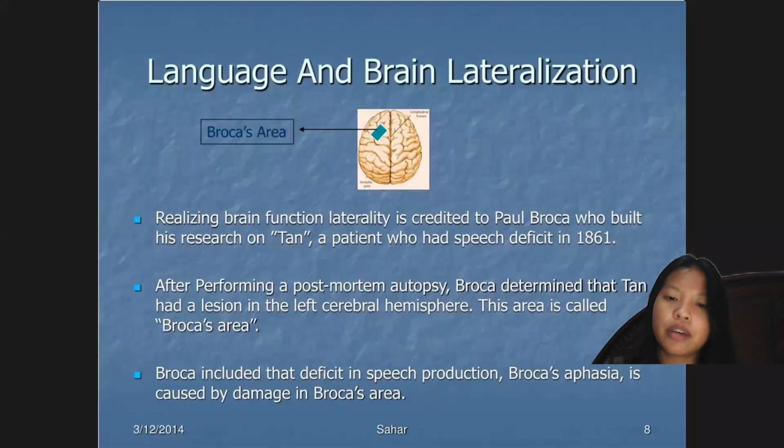After performing a post-mortem autopsy, Broca determined that Tan had a lesion in the left cerebral hemisphere. This area is called Broca's area. Broca concluded that there was a deficit in speech production. Broca's aphasia is caused by damage in Broca's area.